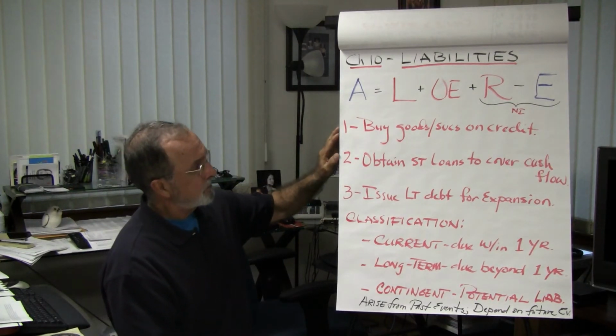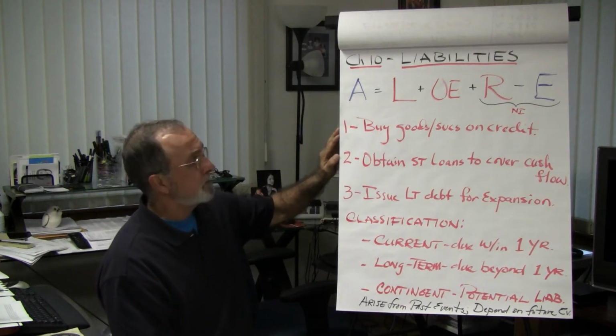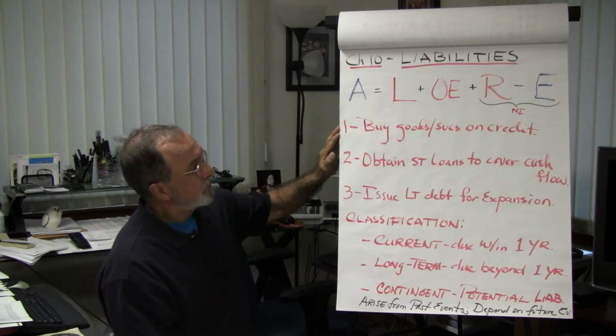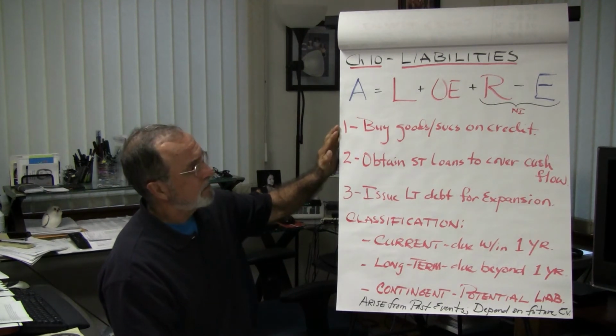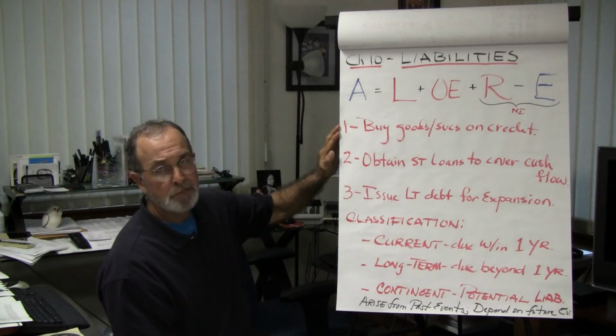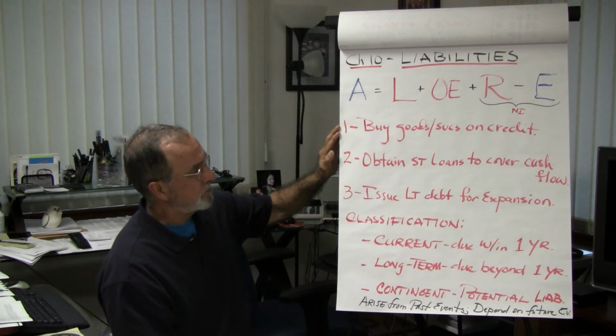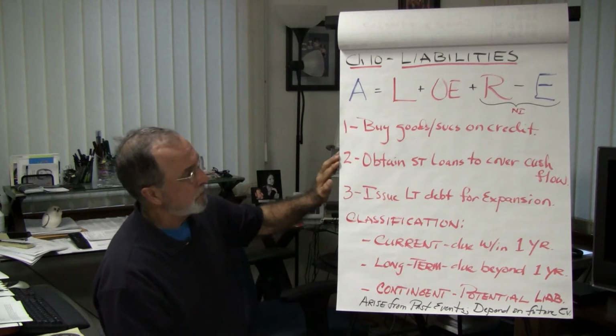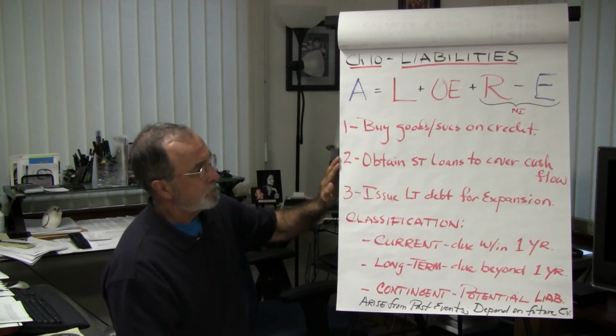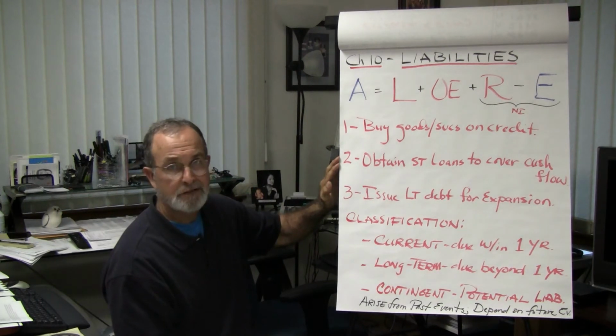So again, to summarize, what types of transactions create liabilities? First type would be the business buying goods and or services on credit. These types of liabilities would generally be current liabilities. Secondly, the business from time to time may have a need to obtain short-term loans to cover cash flow needs.